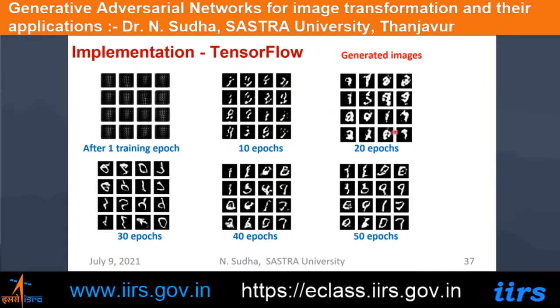When you increase the epochs, you can see better images. After 50 epochs, you can see outputs close to handwritten characters, but it may need more training to get a very good image.